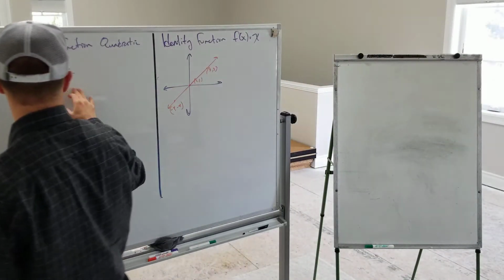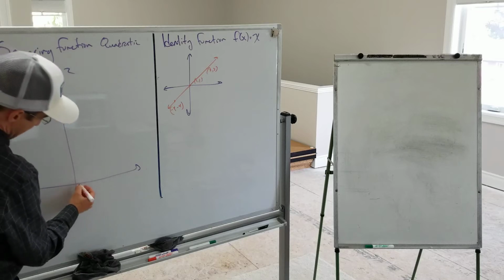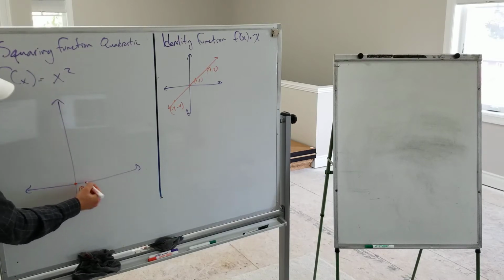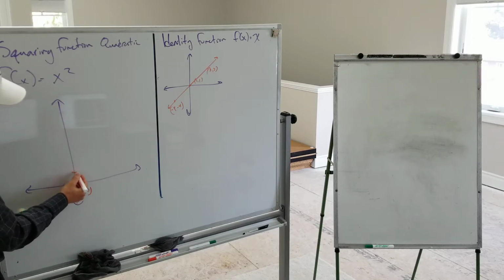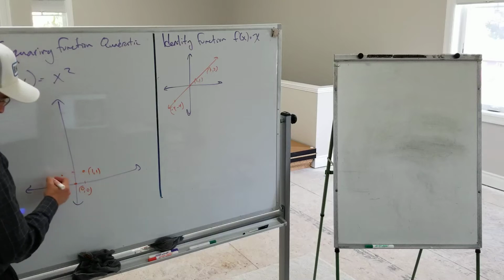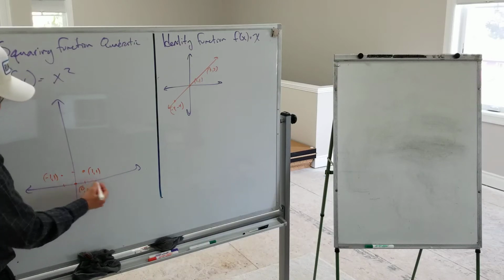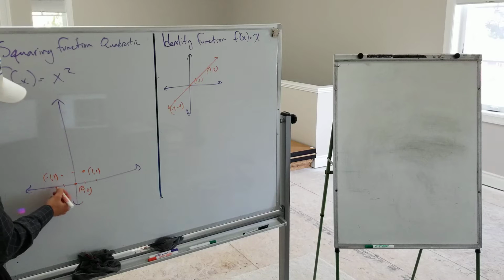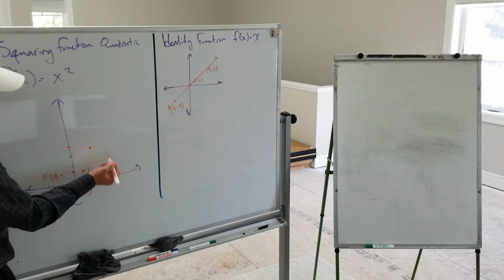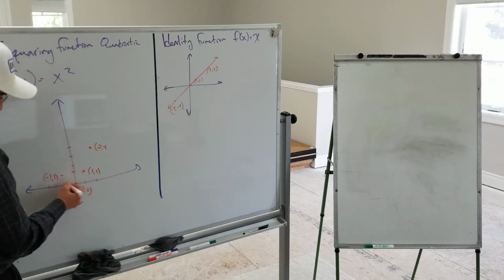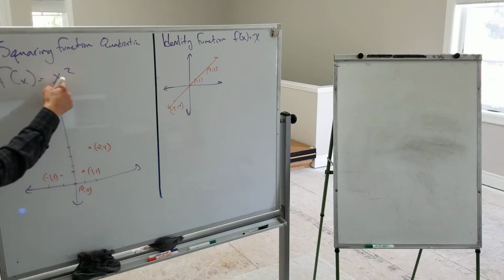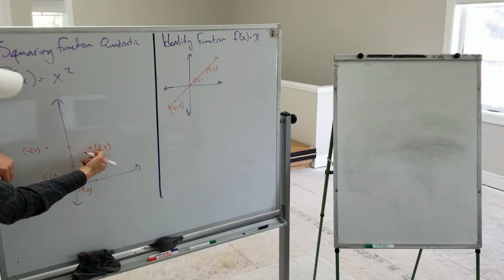So if I have f of x equals x squared, the anchor point, or the starting point, is 0, 0. The vertex is at 0, 0. If I go 1 to the right or 1 to the left, I go up 1 from that vertex. So 1, 1, and -1, 1. If I go 2 to the right or 2 to the left, I go 1, 2, 3, 4 up, because we're squaring the x number, and 2 squared is 4.